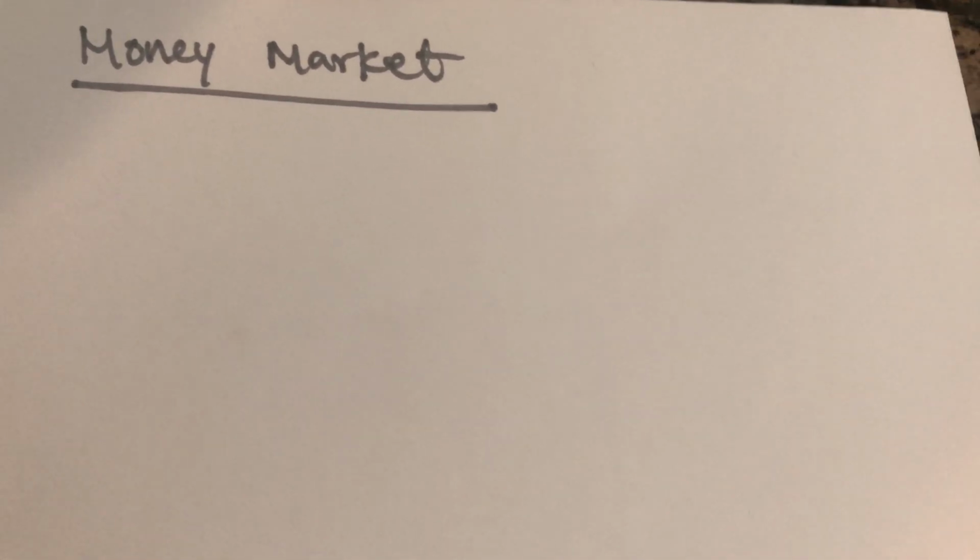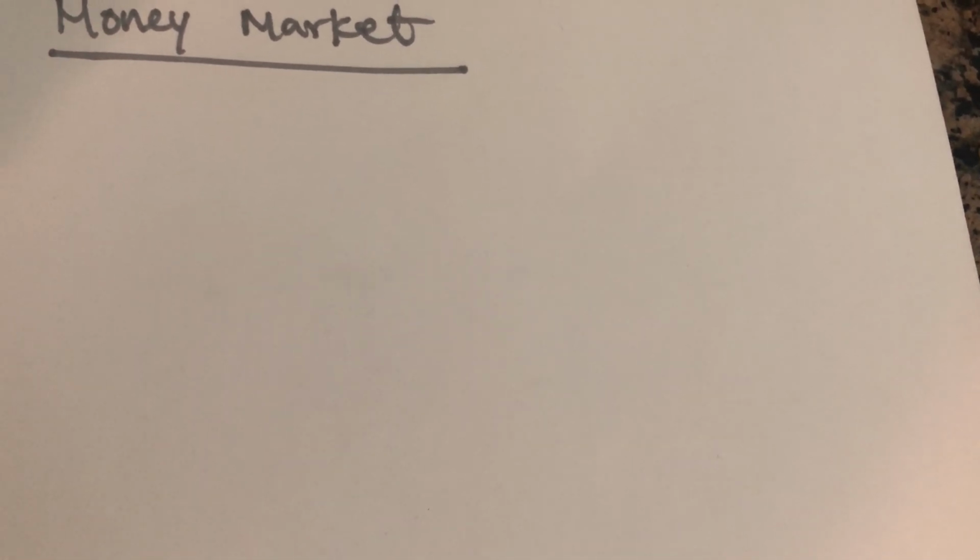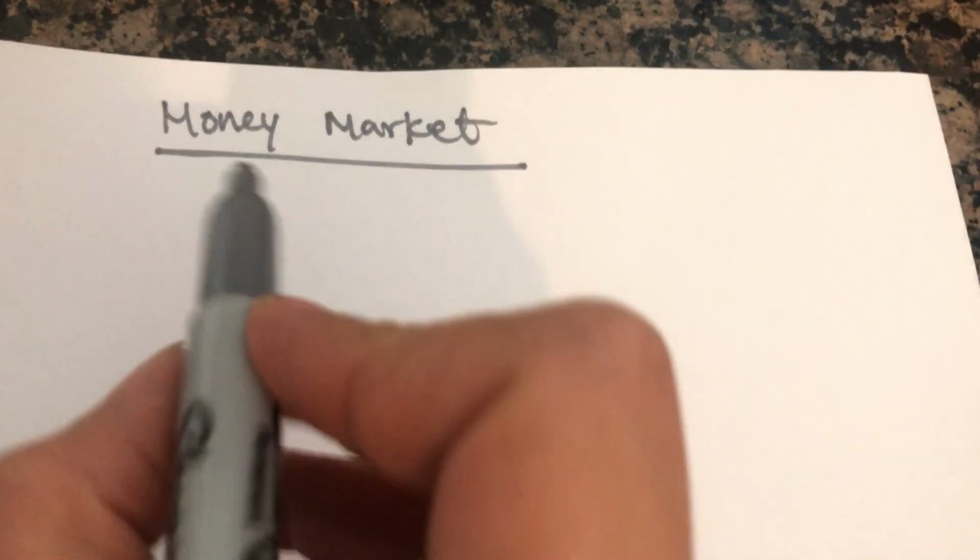We are trying to figure out the shape of demand and the shape of supply. We're going to define money demand and also money supply. So pretty much the same steps that we took in chapter 3. Let's start with the demand for money, or MD.